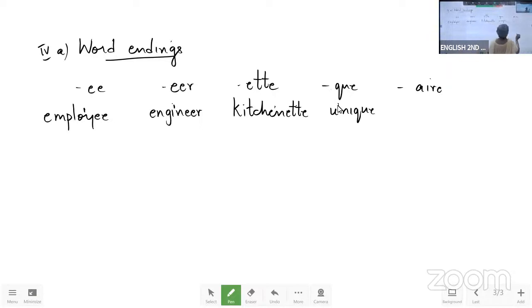So second syllable. Millionaire. So these word endings, you have to learn it by heart. EE, EER, ETTE, QUE, AIRE.